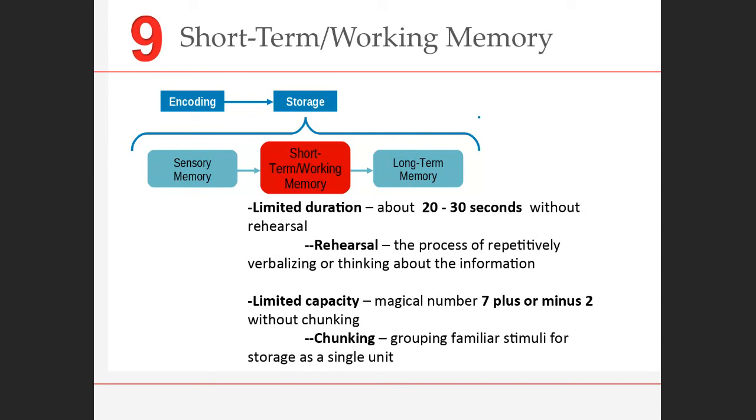It's also limited in capacity, how much information you can store at any given time: 7 plus or minus 2. I think that is a question on your quiz for Chapter 9. Unless you chunk the information and put it into a meaningful format.